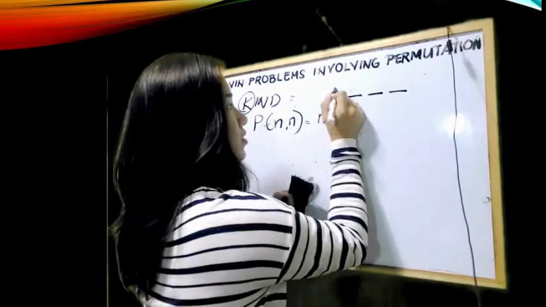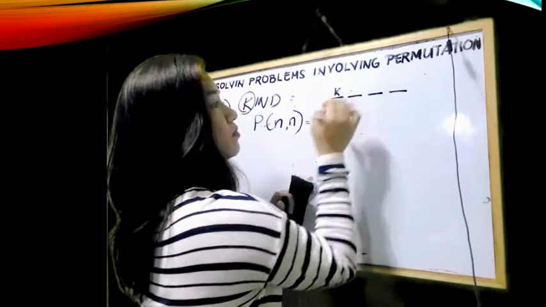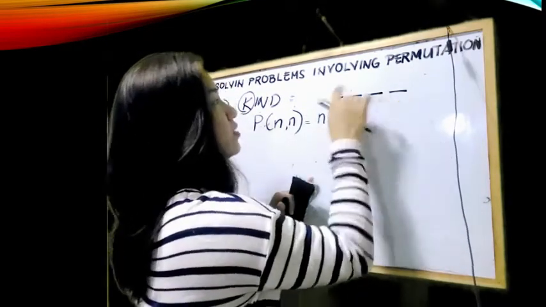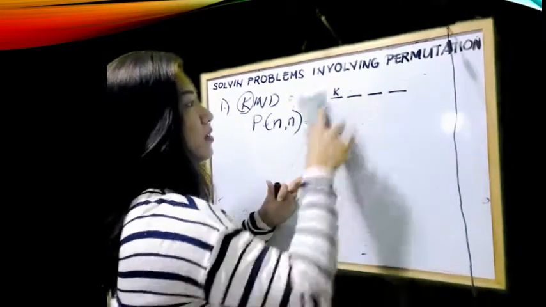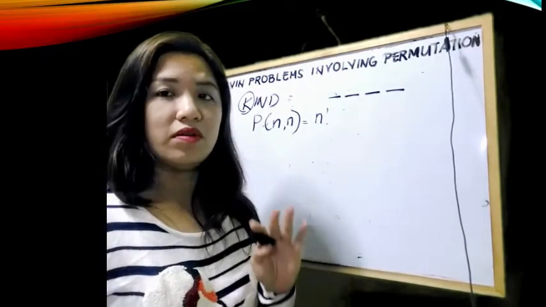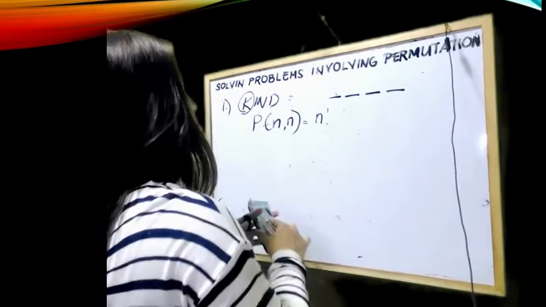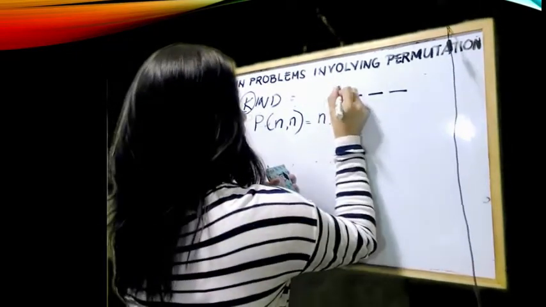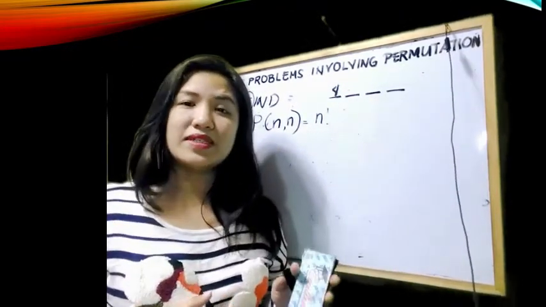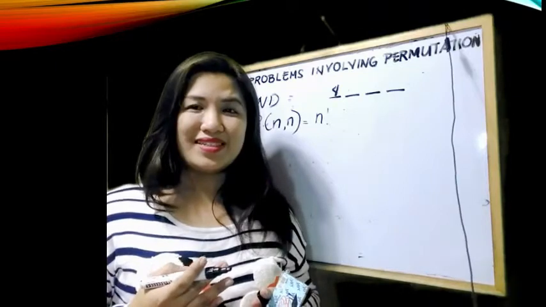You can put K here on the first position, or on the second, or on the third, or on the fourth. That means the letter K has 4 possible options to choose from. So let's put here 4 to indicate that the letter K can be positioned in 4 ways.